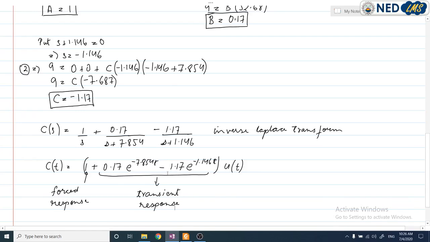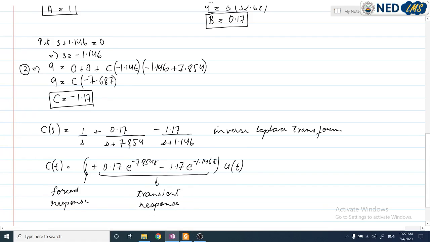So that's why earlier we said that the constant term of the numerator is basically a scaling factor and does not put any effect on the form of the output.